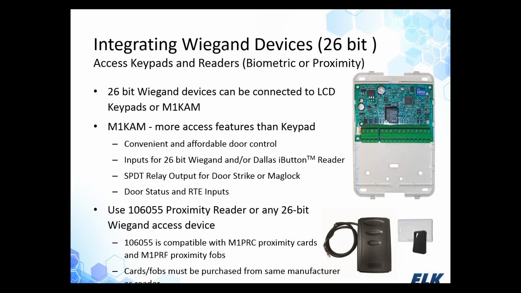So with our reader, the 106055, we have our ELK M1 PRC, the cards, and the M1 PRF is the little fob. Both of those are 26-bit, and they can be used in conjunction with the M1 system. Each one of these cards or fobs would take up one user location, so you have 199 users available in the M1 system.